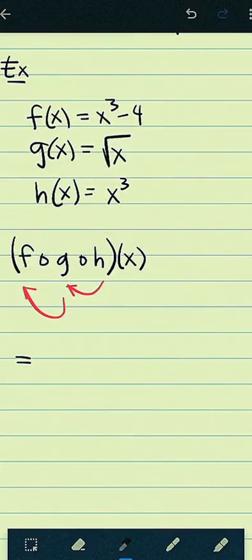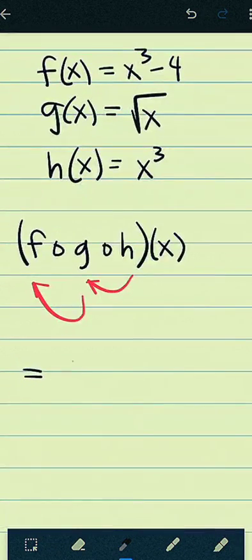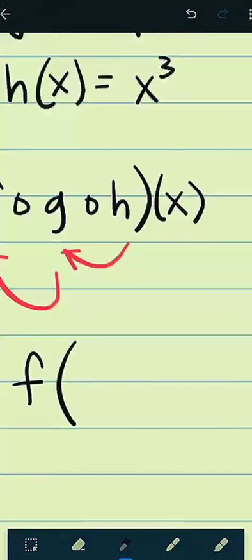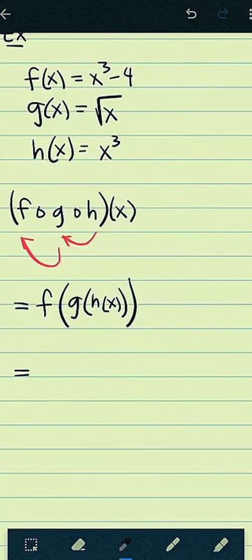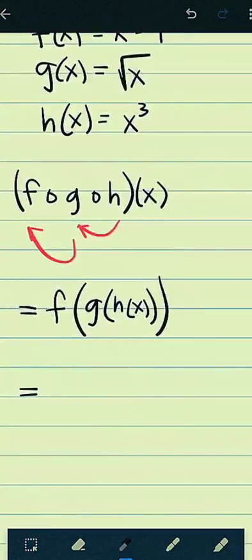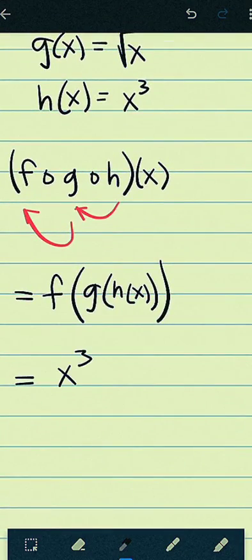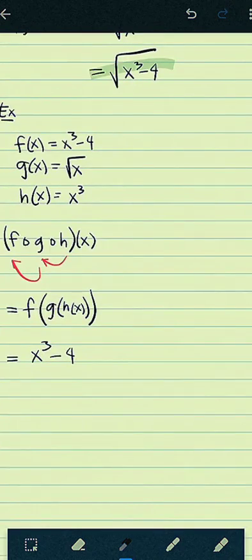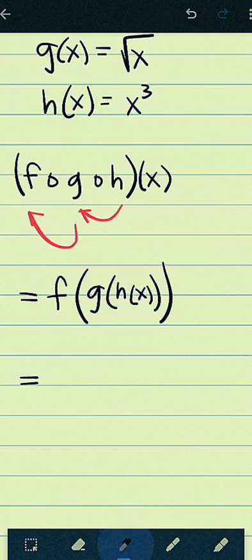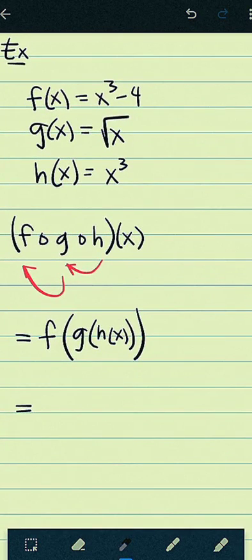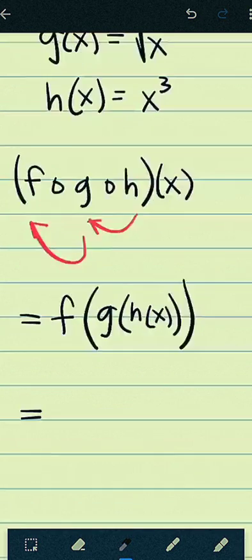So how will you do that? Our function would look like this, f of g of h of x. Our main function, or the outermost, is x cubed minus 4. But let's start with the innermost. What is g composed of h? Write down what g is.